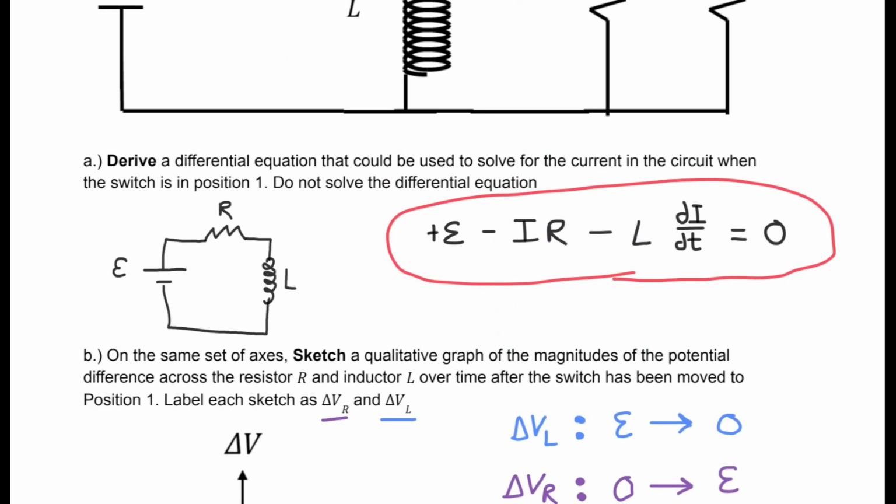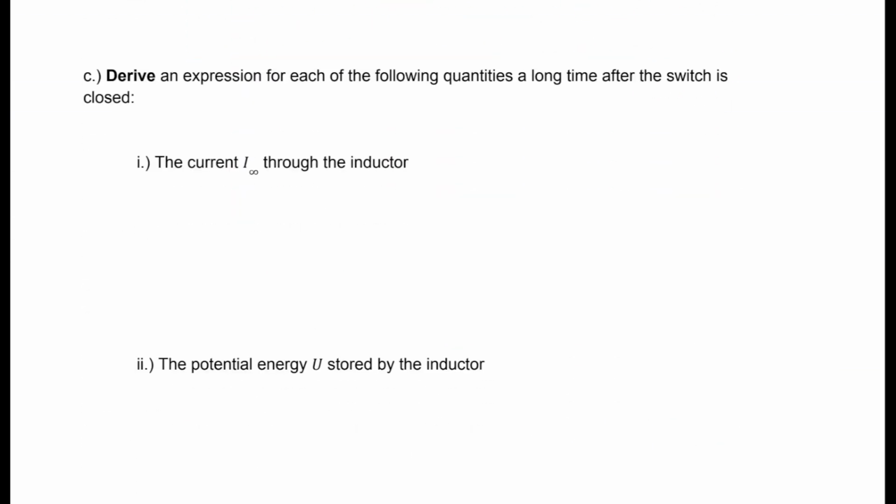So now for our long-term analysis of this circuit, derive an expression a long time after the switch is closed. First, the current through the inductor. Well, we know that the current is just going to be equal to the battery EMF divided by Req after a long time.